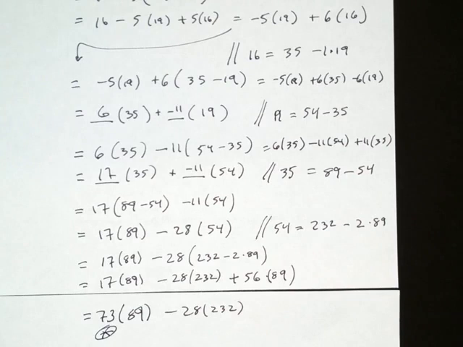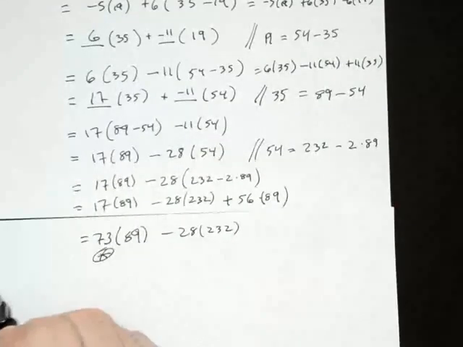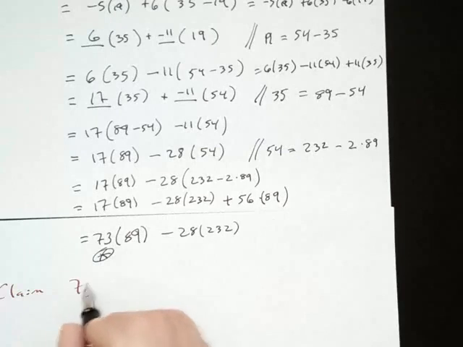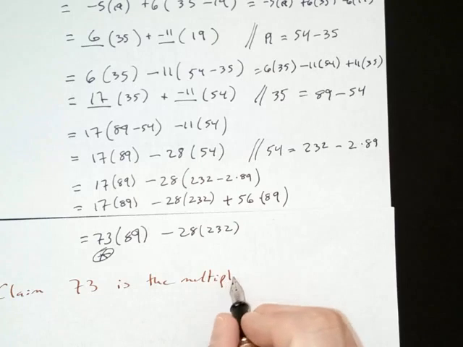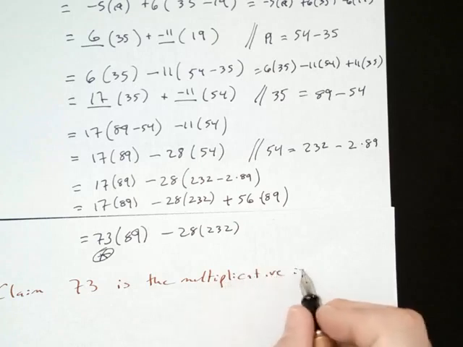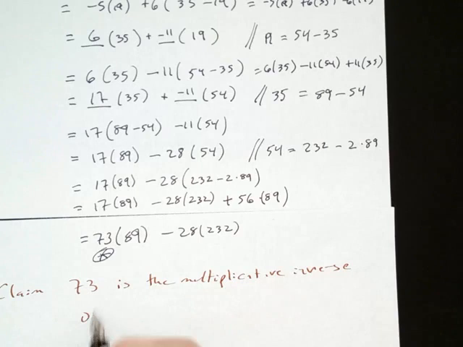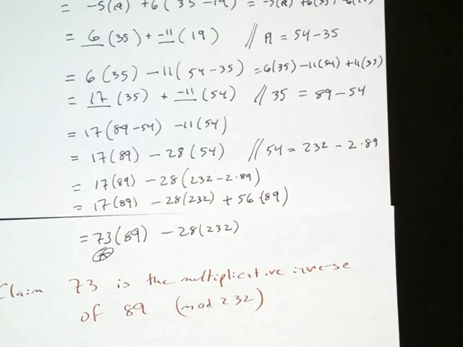I claim if you multiply 73 and 89, the result is congruent to 1 mod 232.